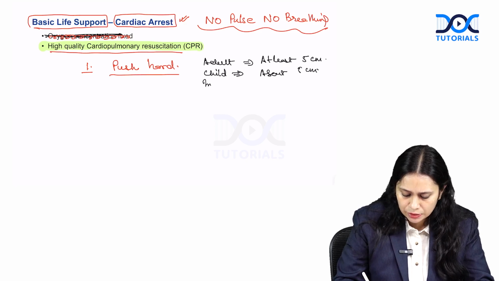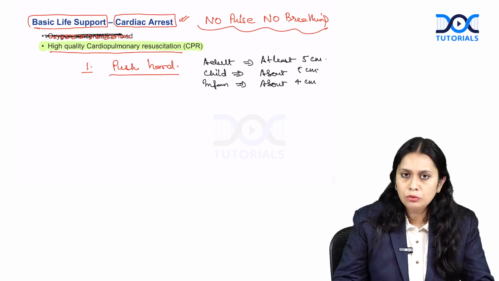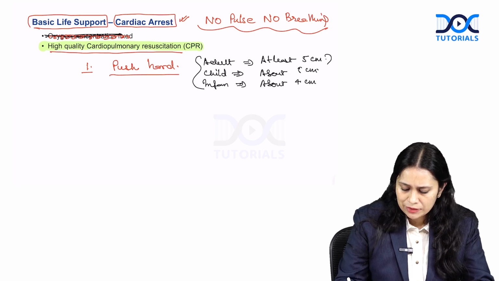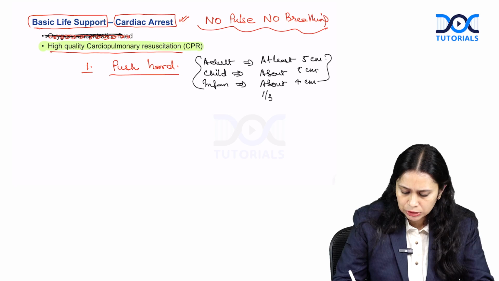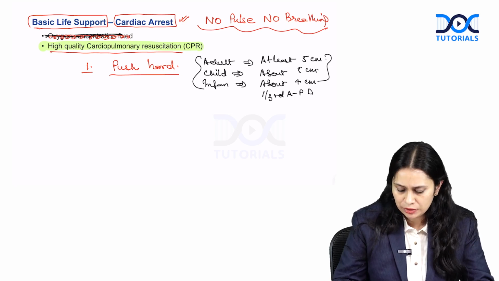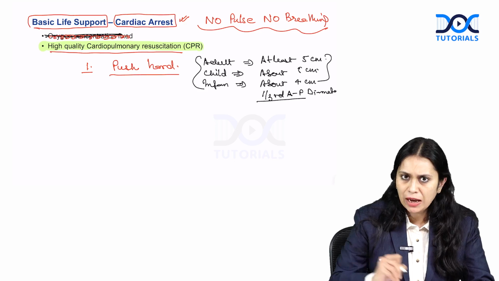And in infant, it should be about 4 centimeter. Arbitrarily we can remember that 1/3 of the anteroposterior diameter of the chest should be compressed. So we have to push hard.